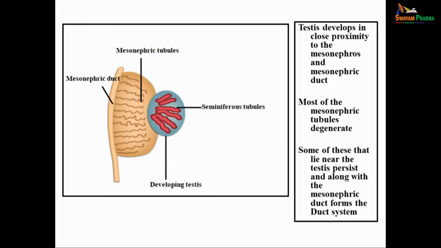Now, we can see here, this is the mesonephric duct, these are the mesonephric tubules, this is the developing testis where the sex cords have enlarged and the primordial germ cells have come in and the seminiferous tubules are formed.